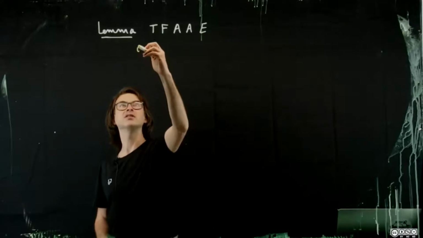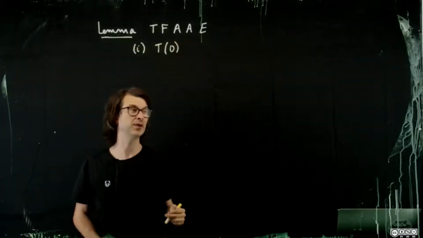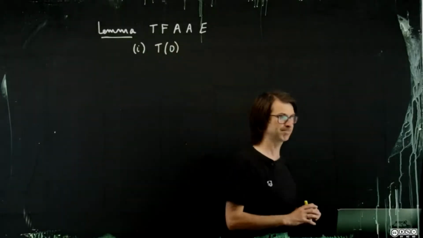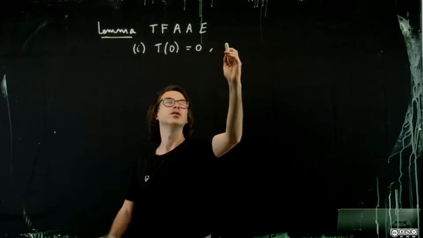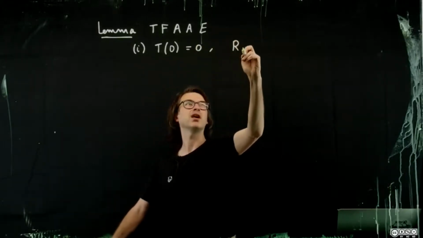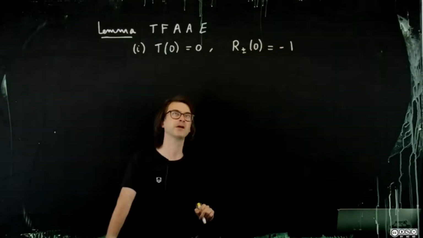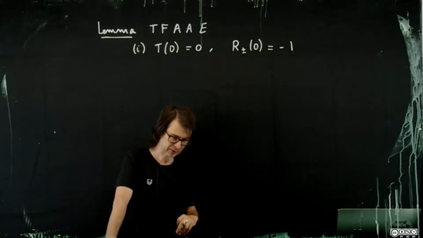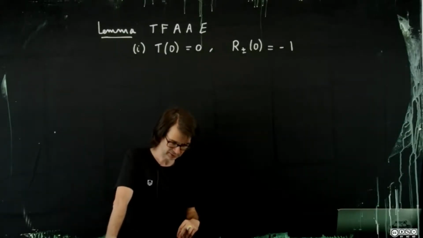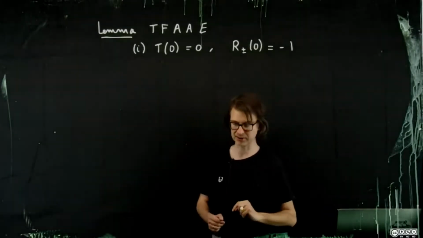So first statement, T of 0, so T, remember, is the transmission coefficient, T of 0 equals 0, and the reflections R plus minus of 0 equal minus 1. That's the first statement. And when writing this down, of course, you're going to tell me how do you define T and R at 0 frequency.